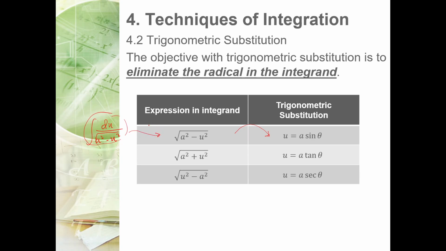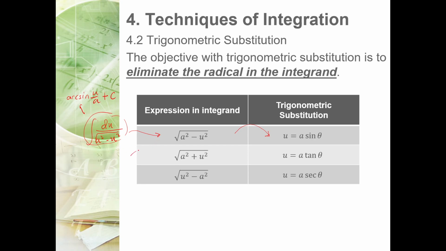So instead of using the inverse trigonometric functions, we're going to use the advanced technique, which is your trigonometric substitution. Notice that the corresponding trig sub is also in the sine format because the answer for this one is inverse sine, right? So arc sine u over a plus c.